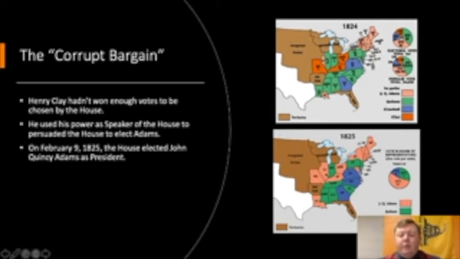And it's very important to see that Missouri, Kentucky, and Ohio, all who voted for Clay in 1824, voted for Adams in the House of Representatives runoff. So that's something very important to see there. We even see an important state like North Carolina here. North Carolina voted for Jackson in 1824, but once it got to the House, they switched to Crawford.